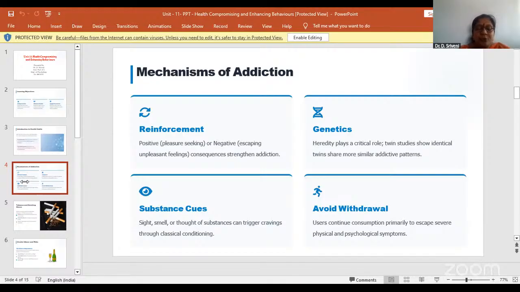They are likely to return to compromising behavior. Therefore, teaching health promotion requires addressing both the external environment and the internal psychological landscape of the individual, which is very essential.